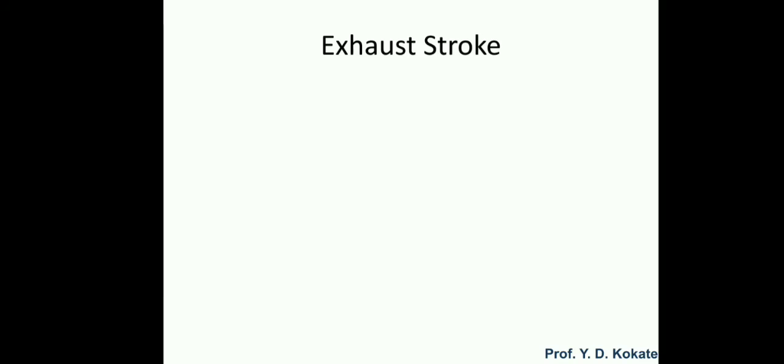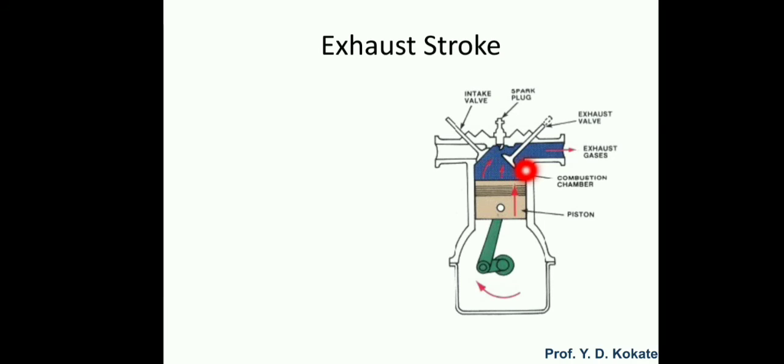Now whatever energy is released, whatever residues are there, we want to throw to the outside with the help of the silencer, so for that purpose the exhaust valve opens. So in the next half rotation, the next stroke happens, which is the exhaust stroke. In that we release these gases to the atmosphere.